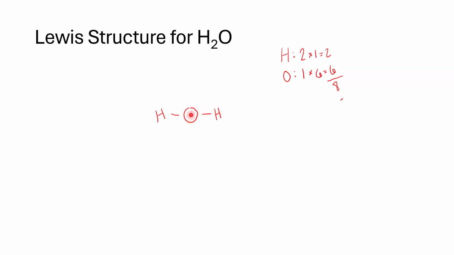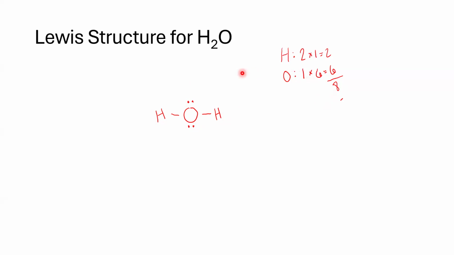My oxygen wants 8. It's kind of a normal atom. It wants an octet. Right now, my oxygen has 2, 4. I'm going to draw 6, 8. So I've completed octets. The last thing I need to do is compare what I have drawn to my number of valence electrons over here.